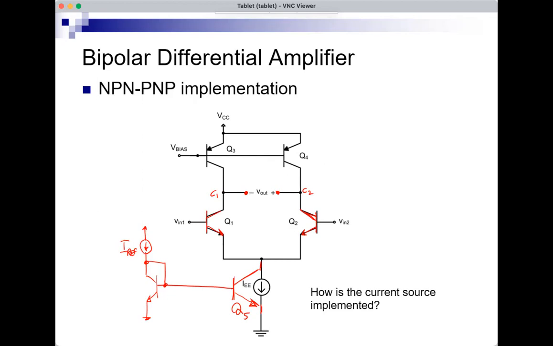So what's the deal here? The idea is that looking up, instead of seeing just a regular RC, I see the resistance seen looking into the collector of Q3 or the collector of Q4 with their bases at some DC voltage and their emitters also at some DC voltage. So there's no signal here and no signal here.